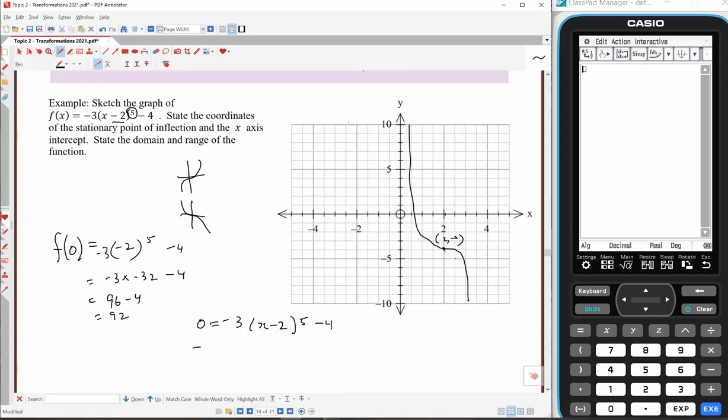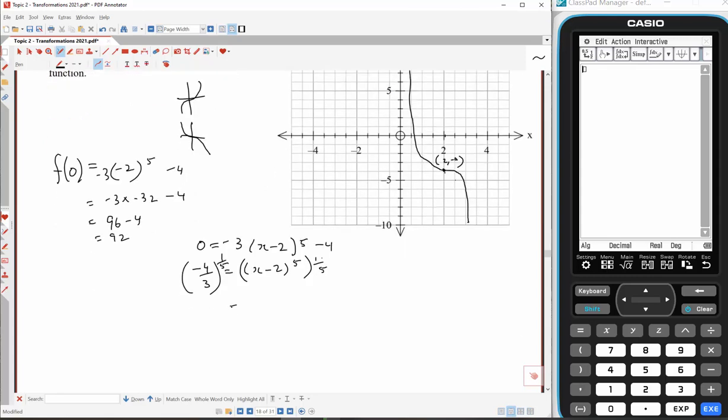Divide by -3, I've got -4/3 equals (x - 2)^5. So at this point I'll take the 5th root, or raise it to the power of 1/5. And what I've got is x - 2 equals (-4/3)^(1/5).